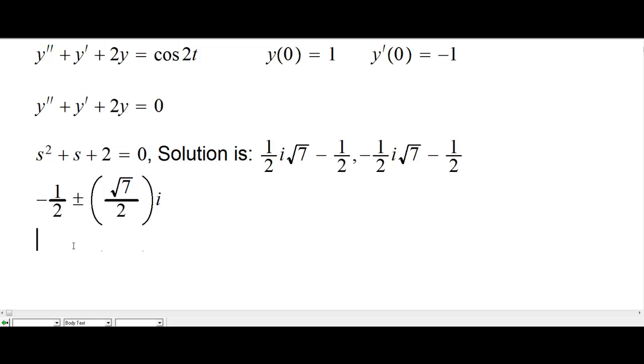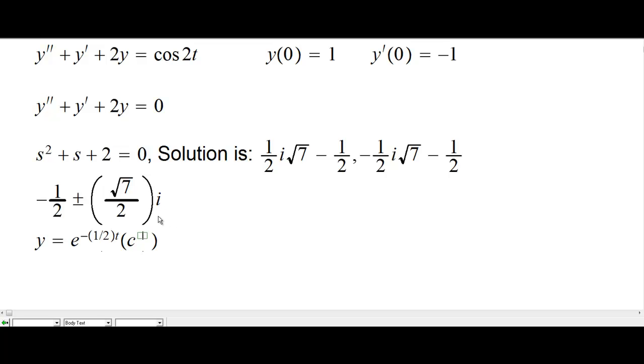So the solution for this part is y equals, how did we write it? E to the power -1/2 t, right? And then we got cosine, C1.